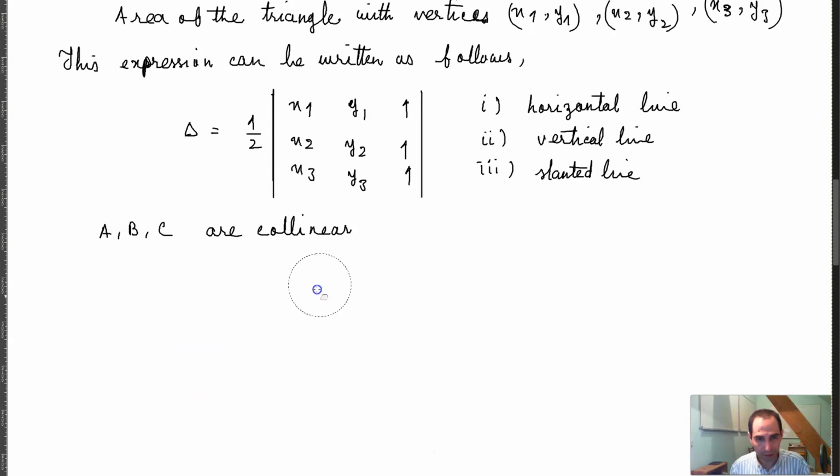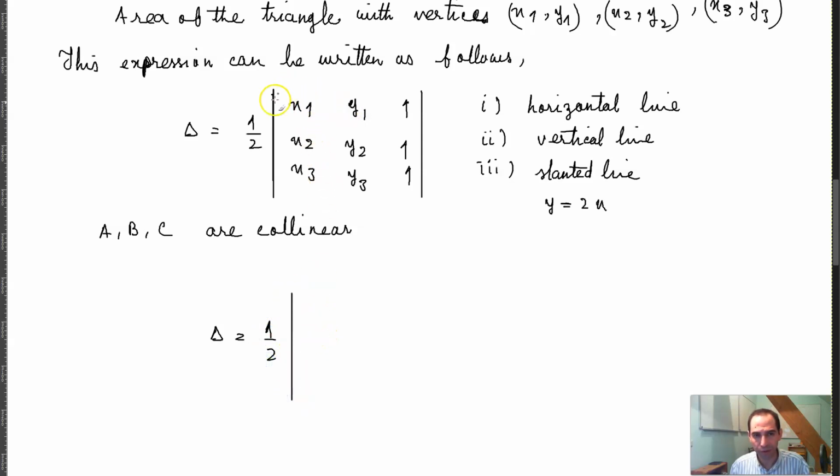And that is exactly the case here, because suppose that all of the 3 points are on the line y is equal to 2x, then there is always this relationship between x and y, and what that means is that my delta becomes 1/2 of this determinant.